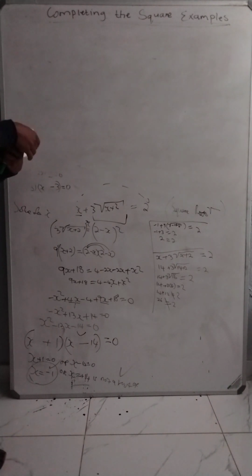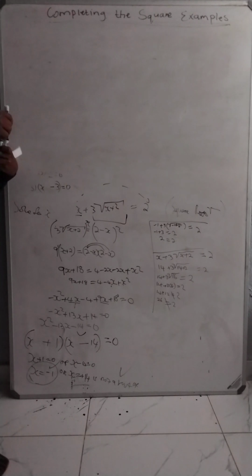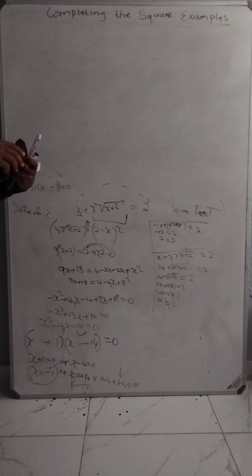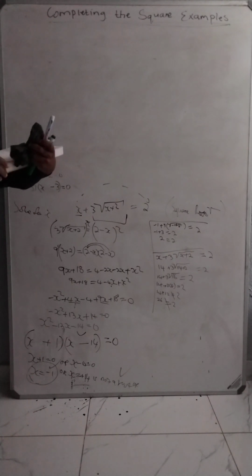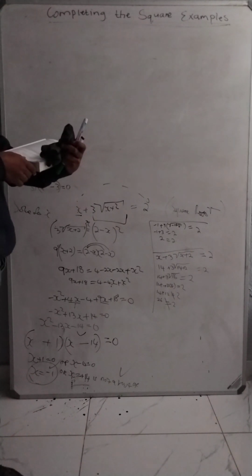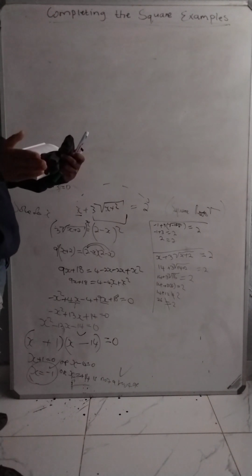Okay, so in summary, to solve a quadratic equation, eliminate fractions, multiply by the lowest common denominator, remove the square root, and look that there is no negative value of the square root in both. Write the equation in standard form, try to factorize, or use the formula.